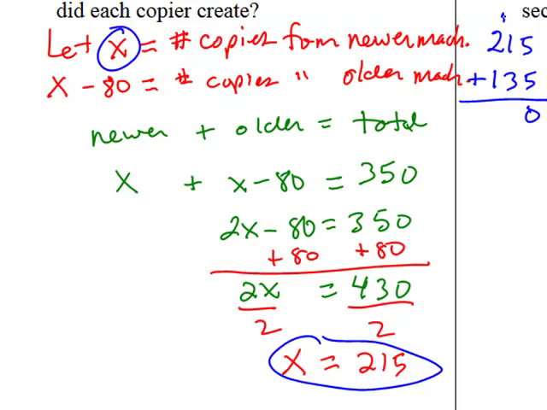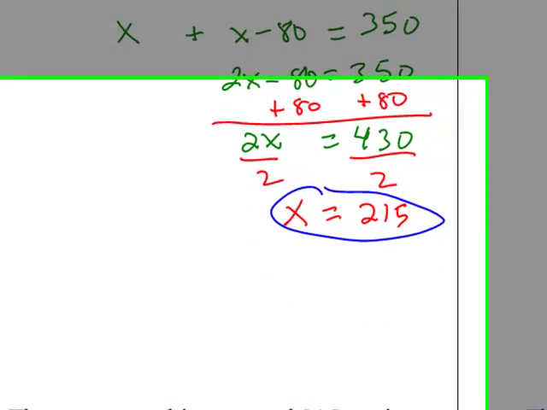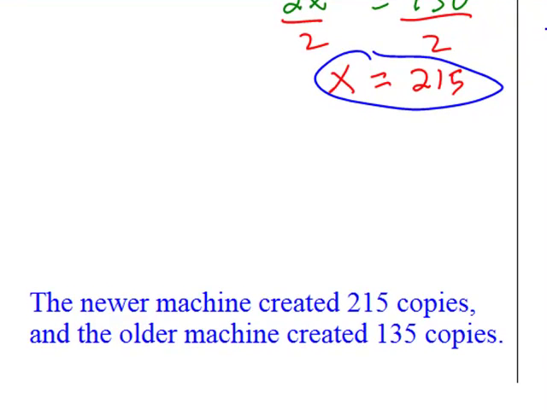Carry the 1. 2, that's 5. Not carrying anything, 3. 350 total. Good. So we feel comfortable and confident about our answer. Let's go ahead and write a sentence. In fact, I actually have the sentence already written here. And you can see the newer machine created 215 copies and the older machine created 135 copies. Those are the numbers we got.